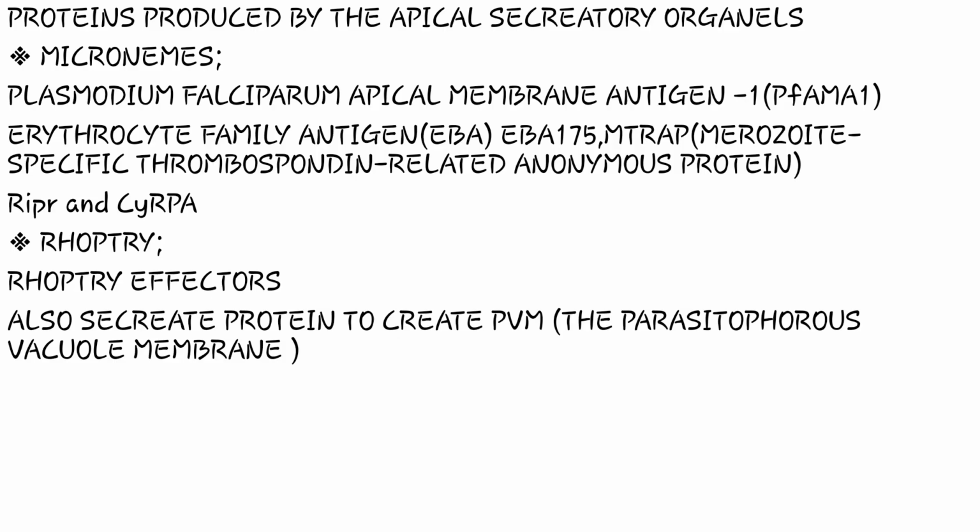So micronemes tend to produce Plasmodium falciparum apical membrane antigen 1, erythrocyte binding antigen EBA-175, MTRAP, merozoite-specific thrombospondin-related anonymous protein, and RH5 and CyRPA.